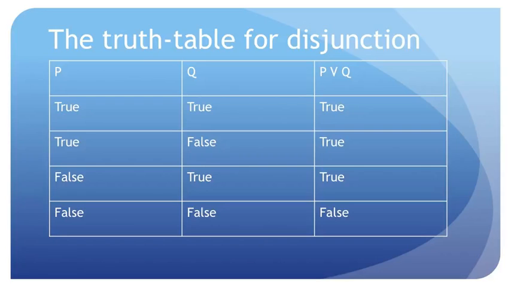Remember, disjunction is expressed by the inclusive or, so it's going to be true whenever P is true. And it's also going to be true whenever Q is true. And, of course, since it's expressed by the inclusive or, it's going to be true whenever P and Q are both true.